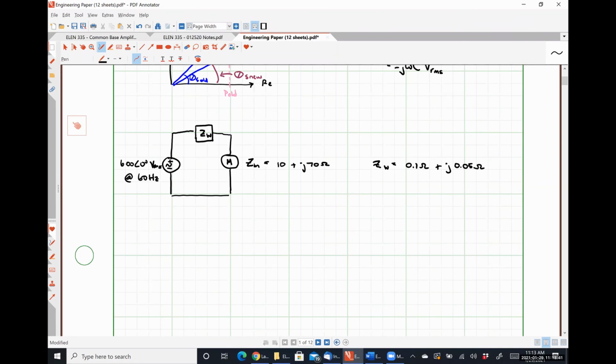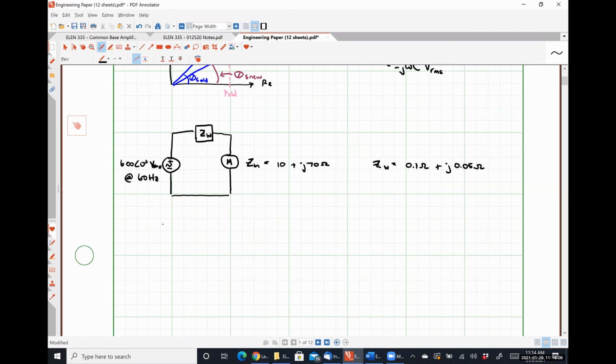Okay, so Mr. Wickland, I believe, is suggesting that we could combine our transmission line represented by Z_W and our motor represented by Z_M into a single impedance. And then the angle of that equivalent impedance will be identical to the power factor angle. That is absolutely correct. So let's go ahead and do that real quick.